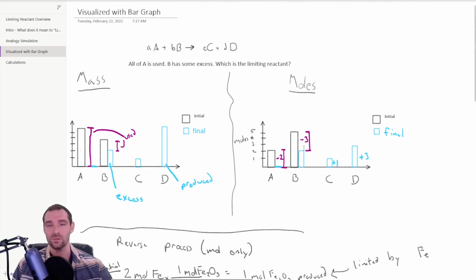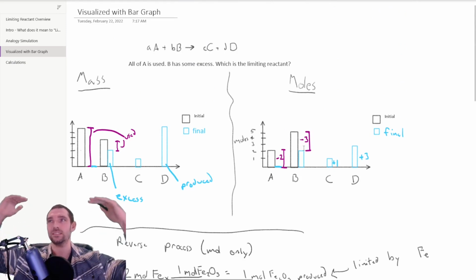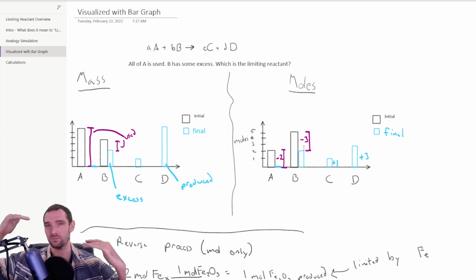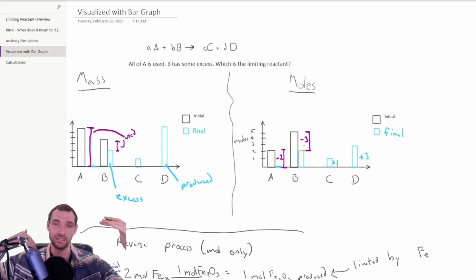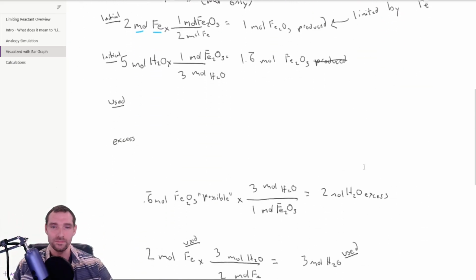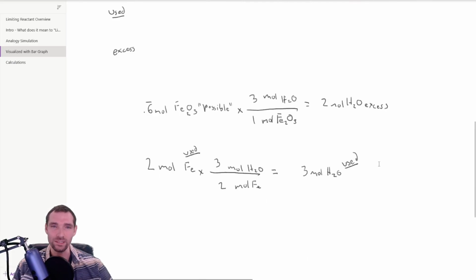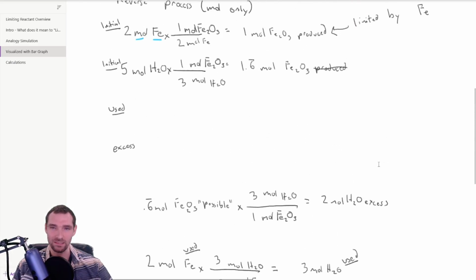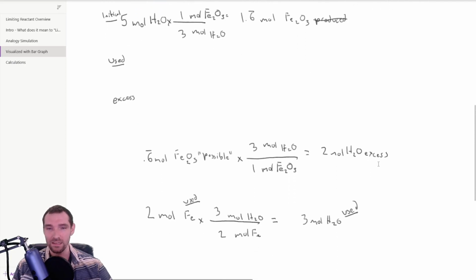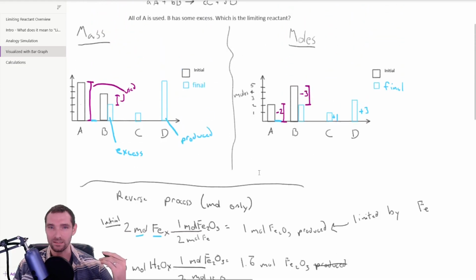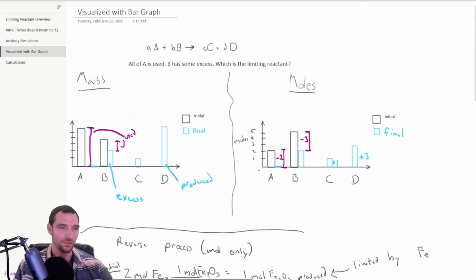So it's important to think through, okay, what's kind of decreasing, how much is it decreasing, and what can I figure out from that by relating that? And it's really common for them to ask you how much is left over of a reactant. So you are going to need to be able to do this stuff. So in addition to what we just did with the moles, you're going to need to be able to do some conversions with grams. But if you're able to get the main concept here, you should be okay.